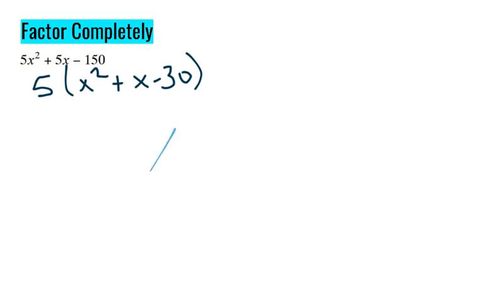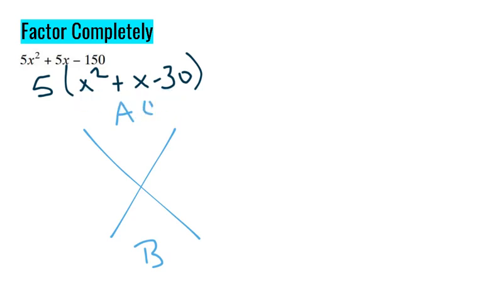So we're going to start by making our x, right? A times c on top, b on the bottom. We're only factoring this part of our quadratic. Our a is that number up front, which is technically now a 1, and our c is negative 30.